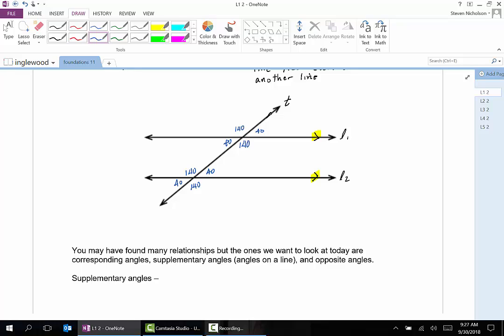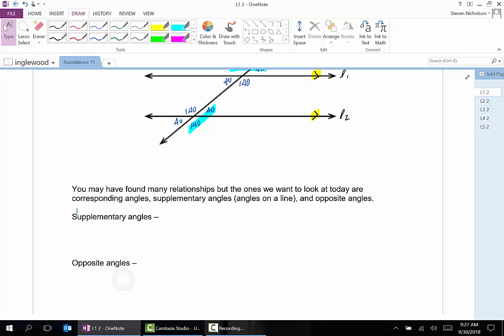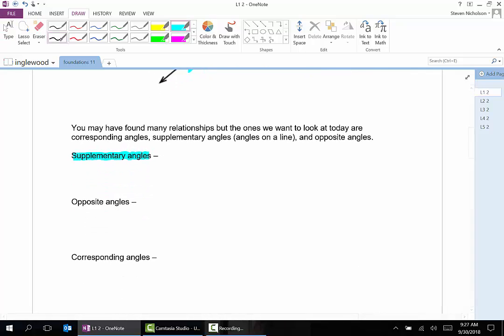And the first kind are called supplementary angles. Supplementary angles are angles on a line, and they add up to 180 degrees. So using my color coding right here of the ones above, supplementary angles are angles on a line, and there are usually two, but there can be more.